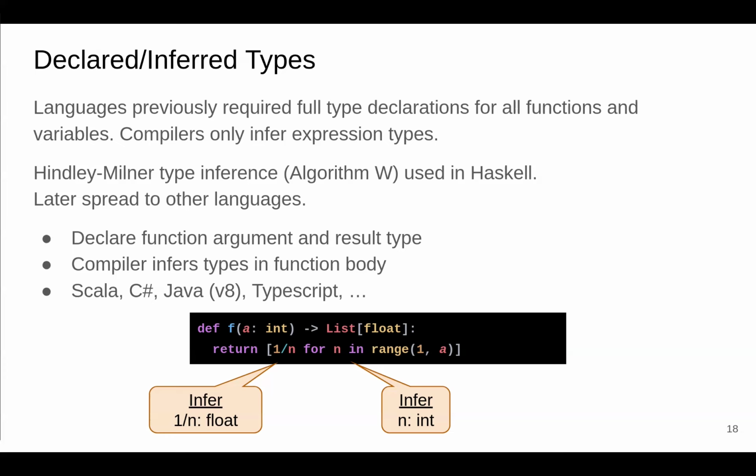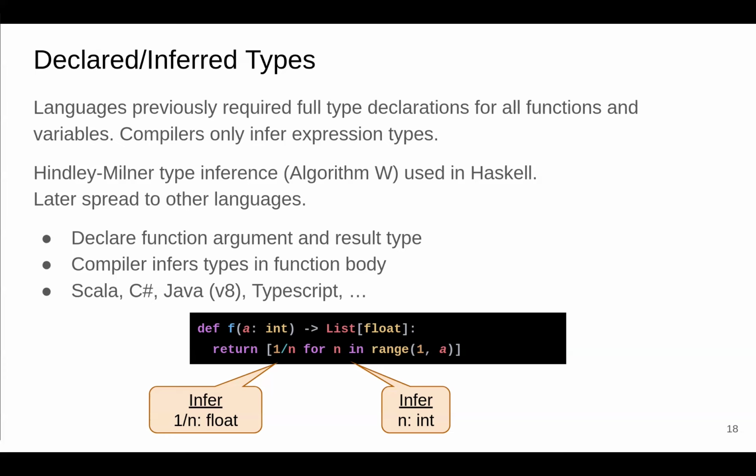Now, Haskell introduced the concept of type inference, where the types are automatically inferred by the compiler as it passes through the program. This later spread to other, more commonly used languages. You declare the function argument and result types, and the compiler just infers everything in the function body.